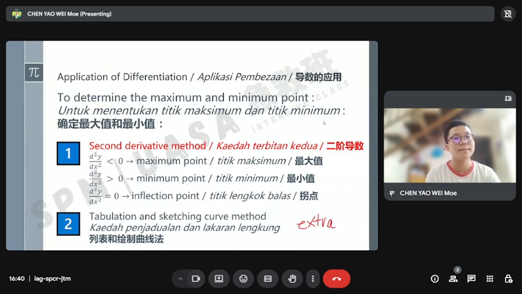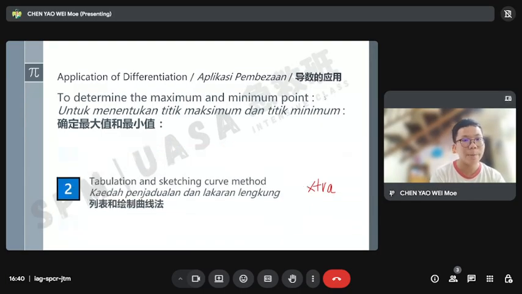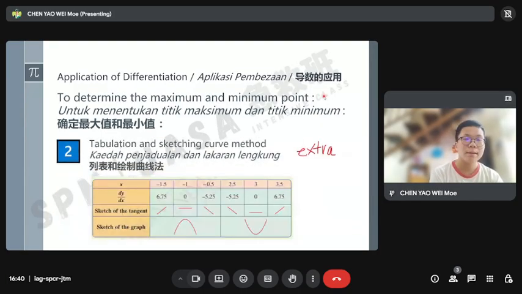Okay, do the same steps as before for dy over dx. You already know all the steps before. But when you want to find whether these two turning points are maximum or minimum, you use this method. This is your first x.